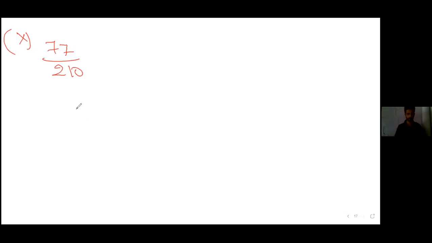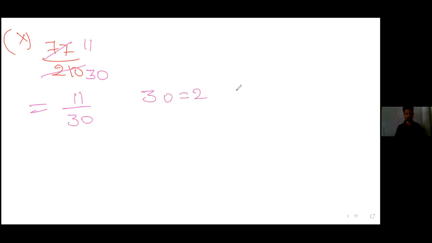Exactly. So we just look into the denominator. Sorry, first we just simplify this. So this is 7 11s, this is 7 30s. So 11 by 30, and if I just factorize 30, how do I factorize this?